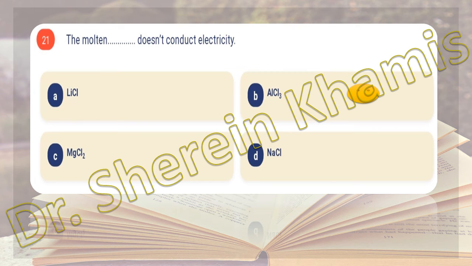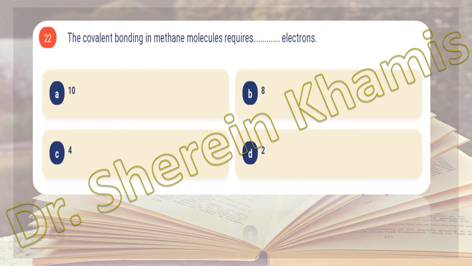Okay, let's go to question 22, which says that the covalent bonding in methane molecules requires what? Requires what electrons? We said that a covalent bond requires two electrons.